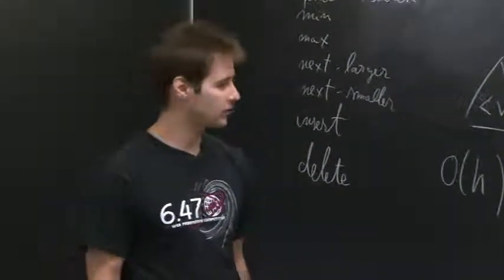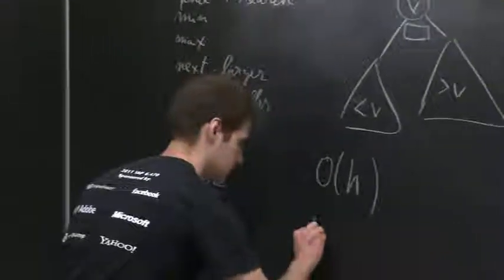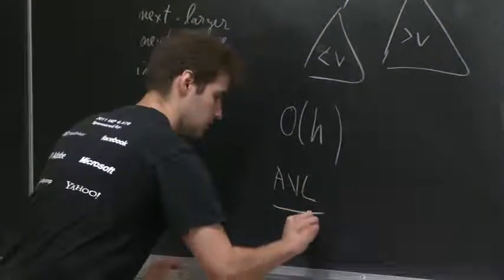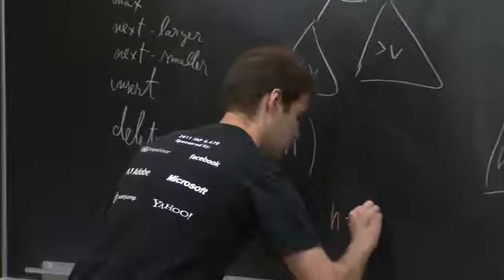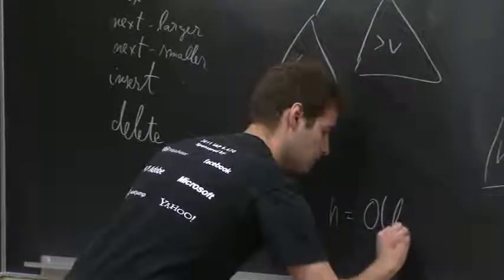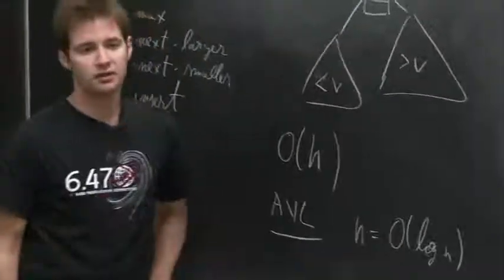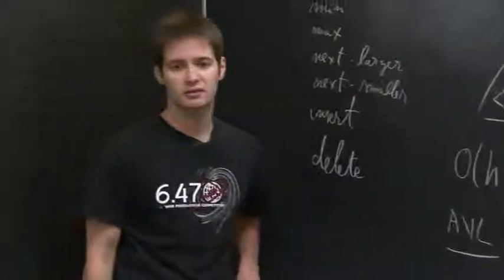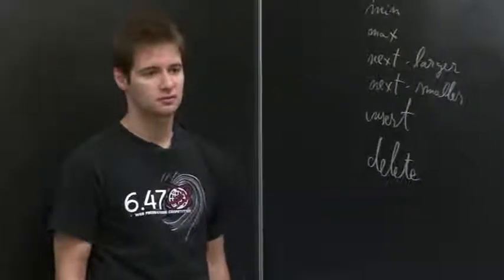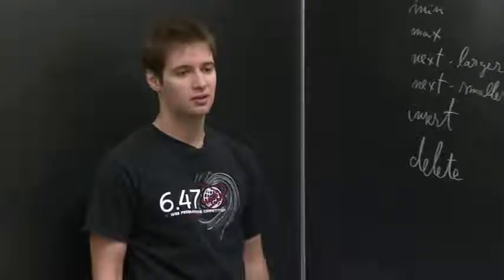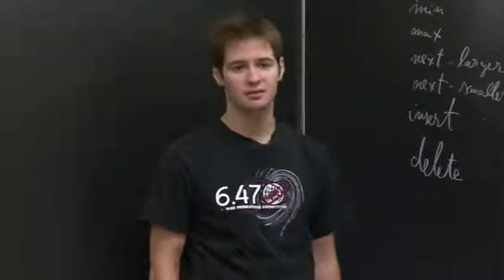Okay, so the reason why we care about AVLs is that height is order of log n. Now, did people understand from lecture why that's the case? Can anyone tell me why that's the case?